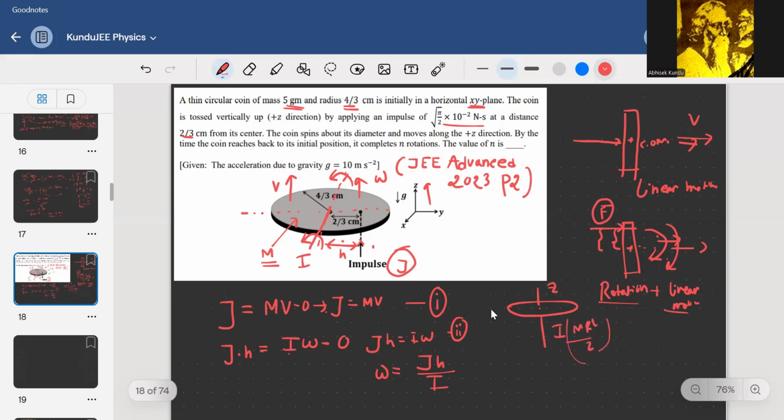Then with respect to the diameter, it will be half of it. So with respect to this diameter, if it is rotating like this, I will be m r square by 4. So here we can directly write that omega equal to j into h by m r square by 4.